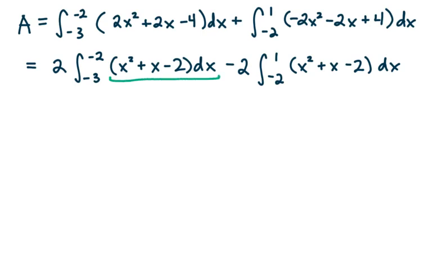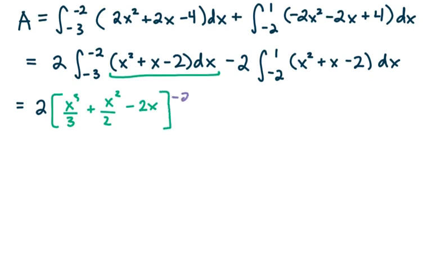Now I have two integrations to do. I'm going to deal with this first one. This is going to be 2. When I integrate that, I have x cubed over 3 plus x squared over 2 minus 2x. That will need to be evaluated from -3 to -2.